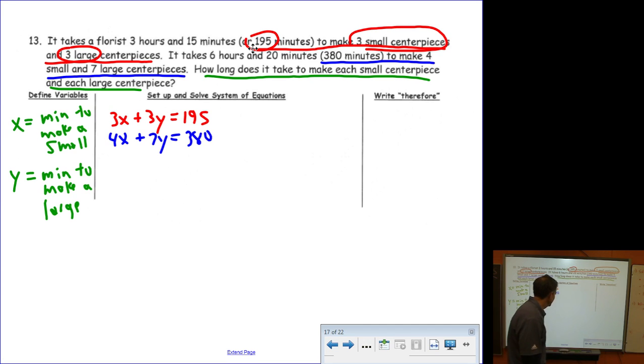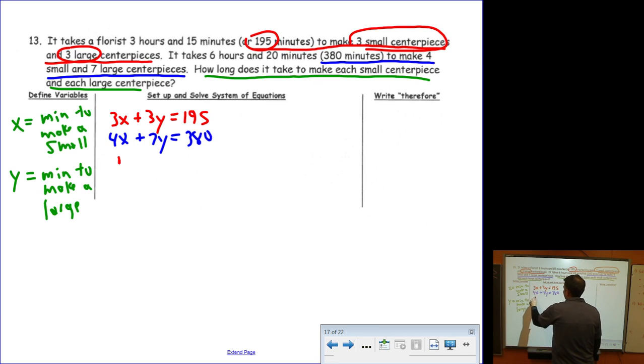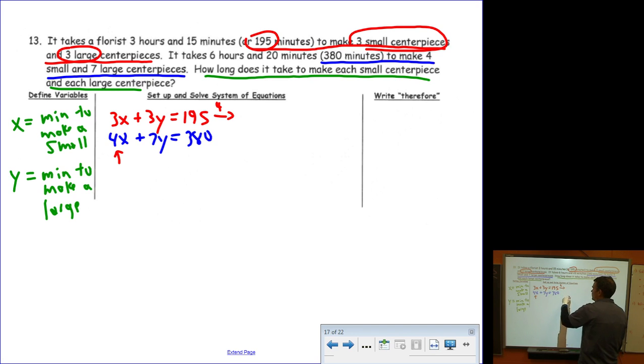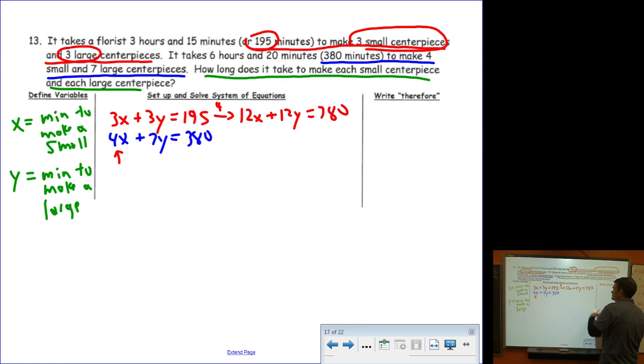I would probably solve it by elimination, and I'd probably eliminate the x's. So I'd go ahead and multiply this first equation by 4, giving me 12x, 12y, and 780. And I'd multiply this equation by -3, giving me -12x, -21y, and -1,040.